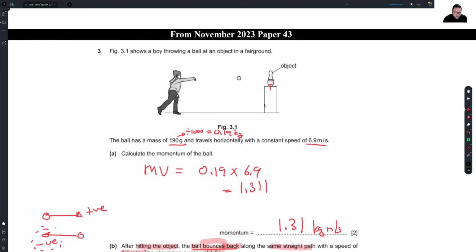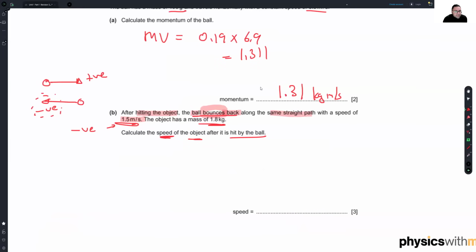My advice, sketch it. Here's the ball. Here's the weird object. This is before the collision. This is moving to the right. This is stationary. After the collision, the ball bounces to the left, but the weird object moves to the right.